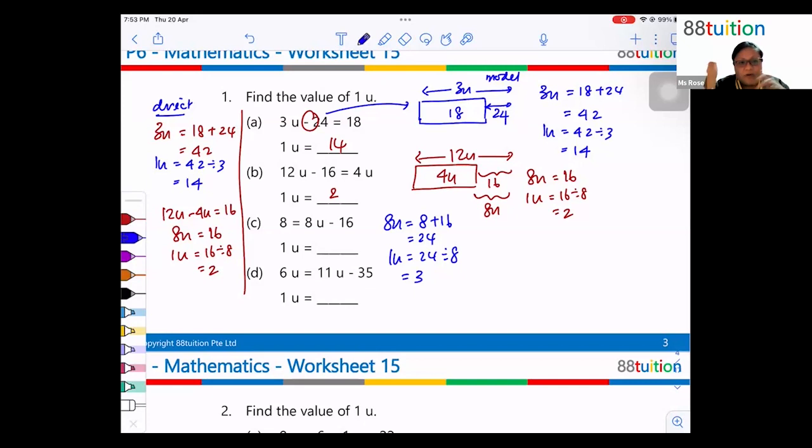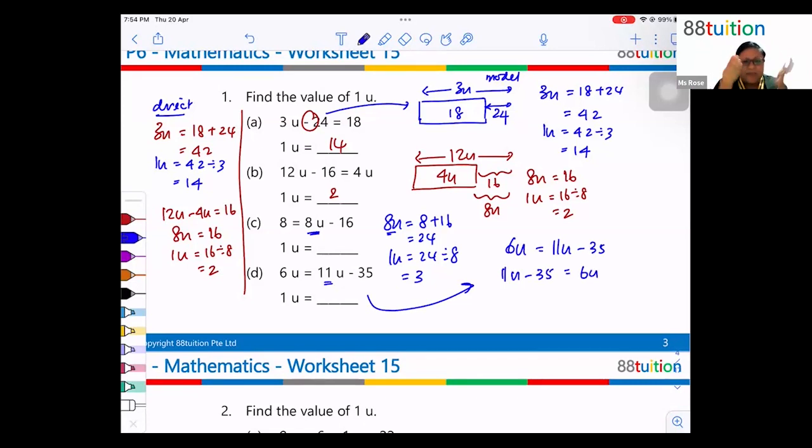Now a rule of thumb is that as long as you have the bigger unit, that big unit should remain where it is. Just like this, it remains where it is. If I take this question, you have 6 unit is equal to 11 unit minus 35. What I would usually like to do is flip the question to reverse the items, so we write it like this for me to be able to see.